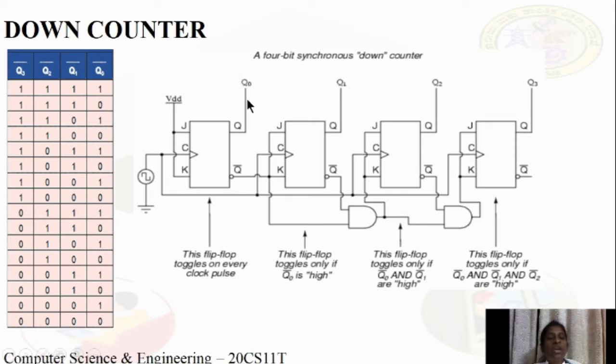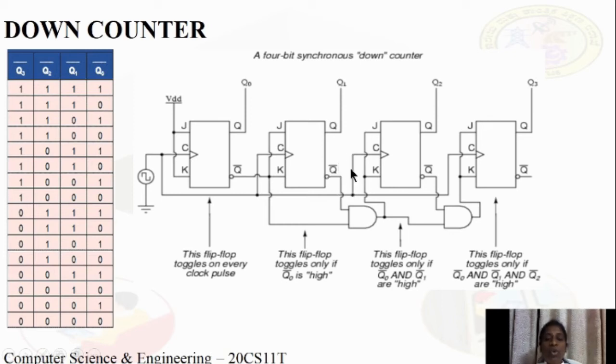The Q0 value is obtained. Next we need the value from the second flip-flop. What is the output of the second flip-flop? Q1 bar. This is the Q1 bar output.